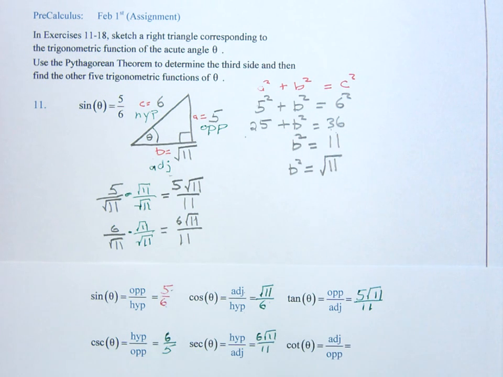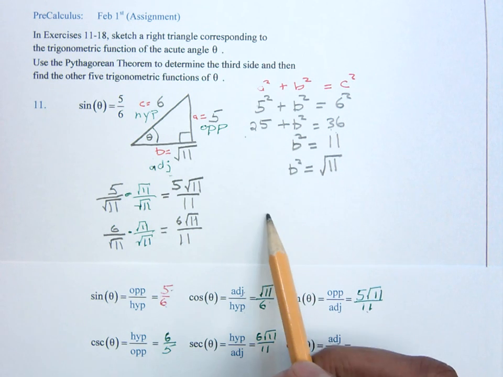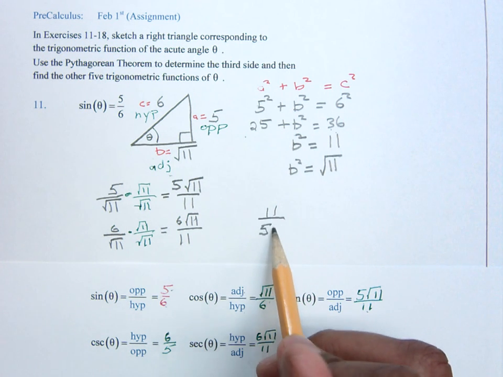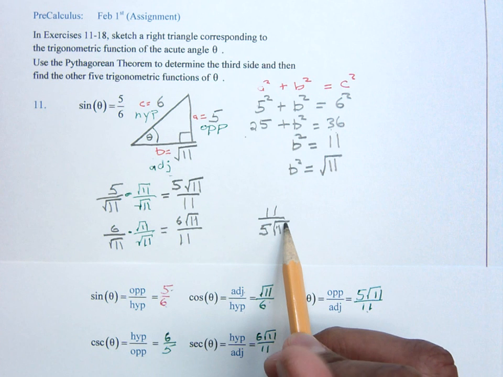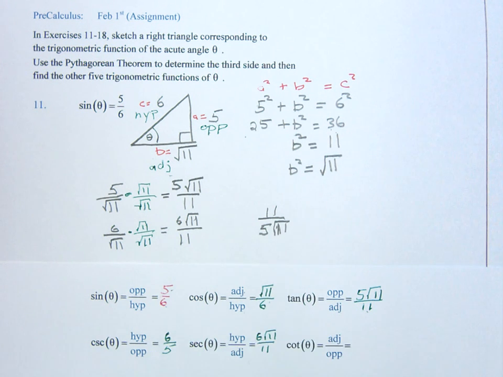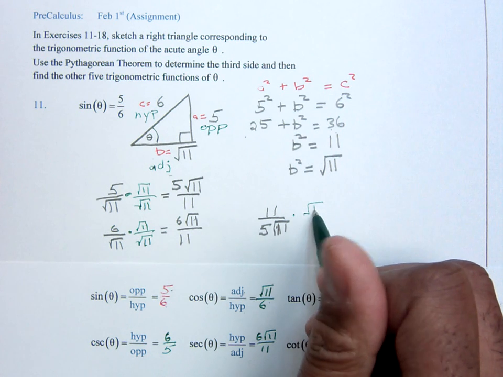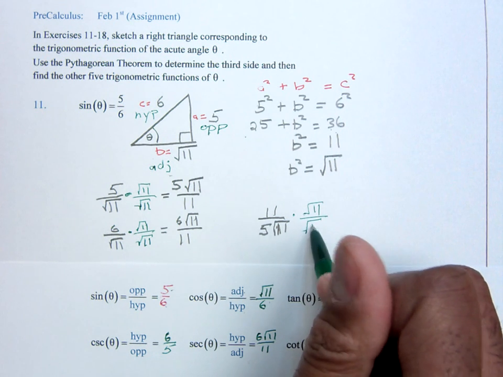We can do the same thing here. First, we're going to reverse these. So the 11 will be in the numerator, and the 5 root 11 will be in the denominator. 11 over 5 root 11. Once again, we're going to need to rationalize this denominator by multiplying by root 11 over root 11.